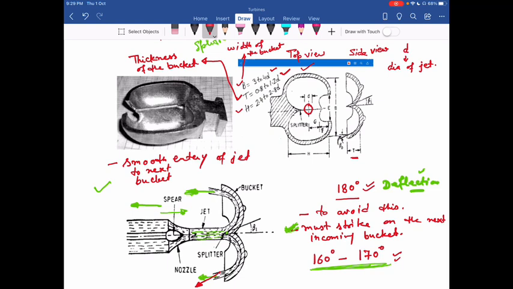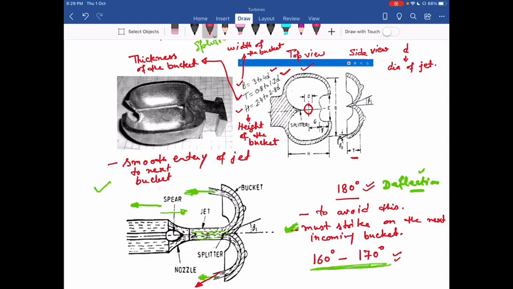The next dimension is H. This H is called the height of the bucket. This height is equal to 2.4 to 2.8 times the diameter of the jet.